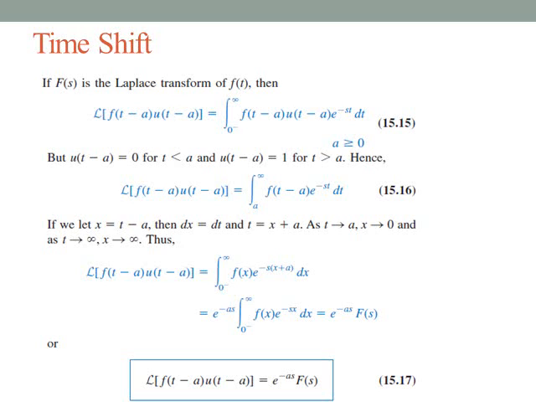A is a constant and u of t minus a just represents its shift in time domain. So it would be 0 for t less than a, and it would be f of t for t greater than a. After solving this integration, we can see that the final answer in equation 15.17 is e raised to power minus as multiplied with f of s.